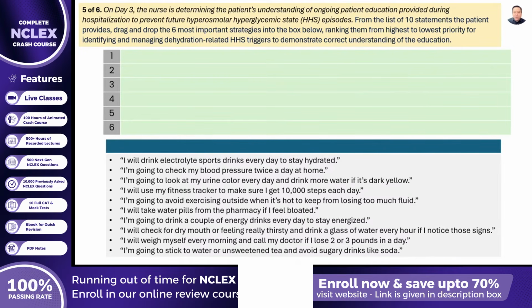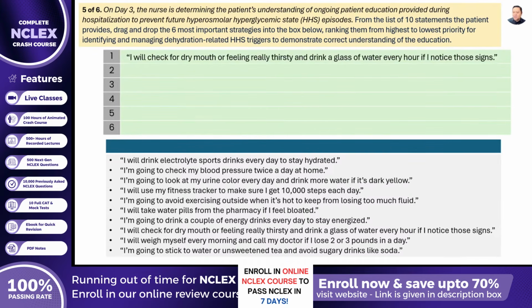Now, the first priority that you should pick here is this one. I will check for dry mouth or feeling really thirsty and drink a glass of water every hour if I notice those signs. This is gold. Here, the patient is recognizing early signs of dehydration like dry mouth and thirst, and when he said that he's going to drink a glass of water every hour, that's a good decision for him.